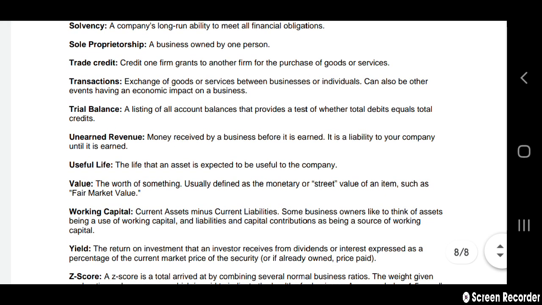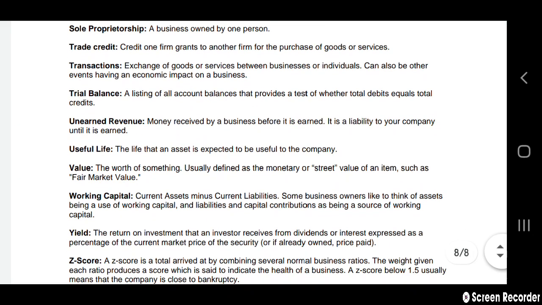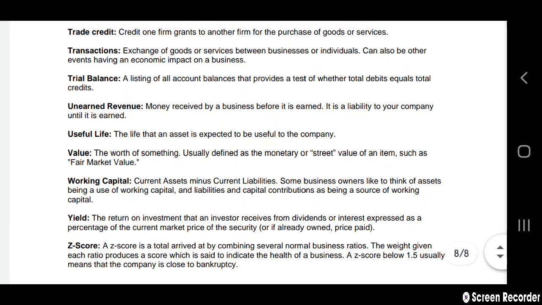Solvency, a company's long-run ability to meet all financial obligations, is called solvency. Solo proprietorship, a business owned by one person, is called a solo proprietorship. Trade credit, credit granted by one business to another for the purpose of goods and services, is called trade credit.